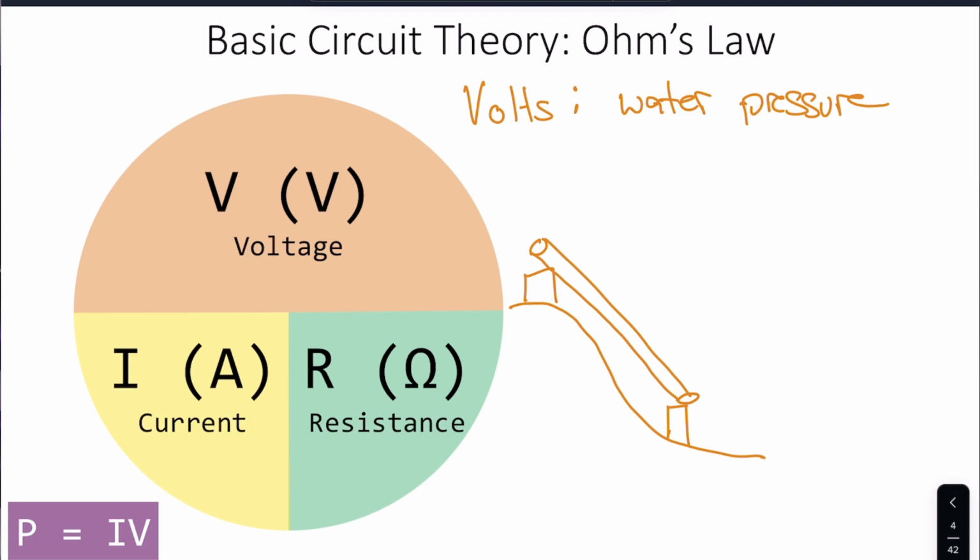So how high up the pipe starts compared to where it ends is related to the pressure. So you can think of raising this up as increasing the voltage and increasing the pressure, which means our current will be higher. And you can think of current as the amount of flow.